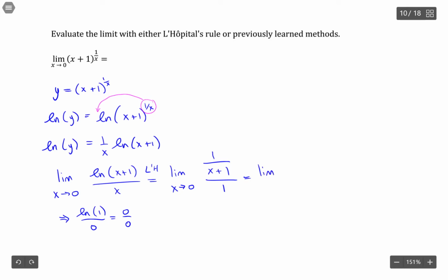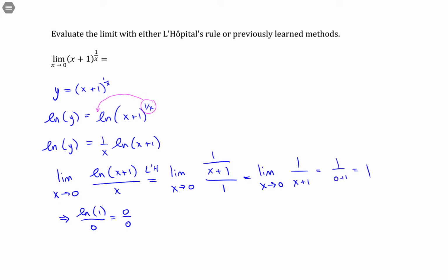So we now have the limit as x goes to 0 of 1 over, I meant to write an x there, x plus 1, which becomes 1 over 0 plus 1, which is just 1. All right, so now going back to this equation here, what I can say is the natural log of y is equal to the limit of this function, which would be 1.